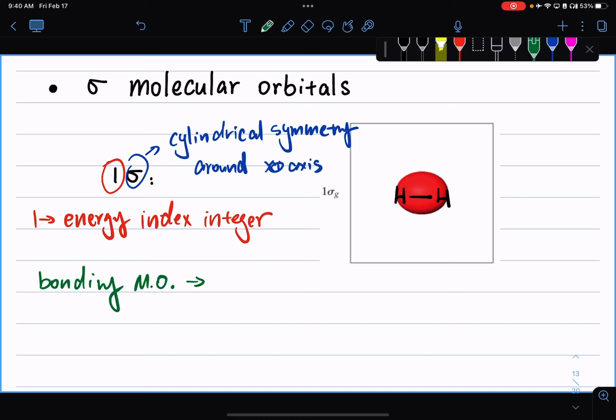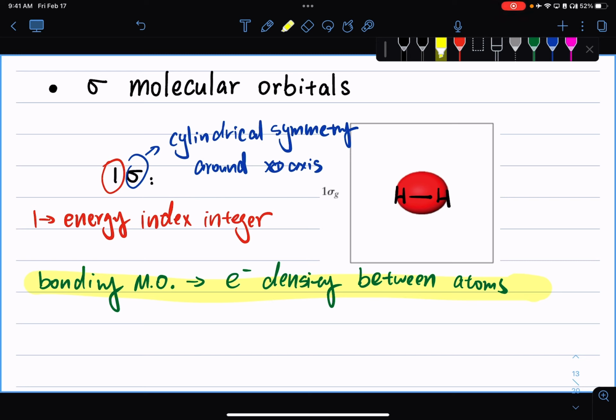What it means is we have electron densities between the atoms. This one is pretty much the most important take-home message I wish you can get. By just looking at your molecular orbital, if there are electron densities in between the atoms, we call it a bonding MO.